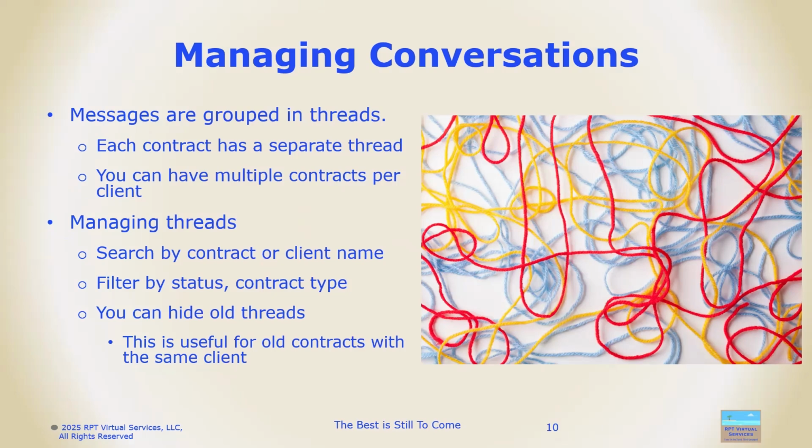You can search by the contract or the client name to find a particular one, especially useful if it's been a while since you talked to a client. You can filter by status or contract type. So, is it an active contract? Is it closed? And you can also hide old threads.